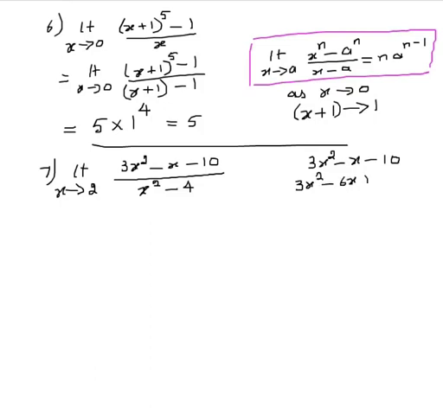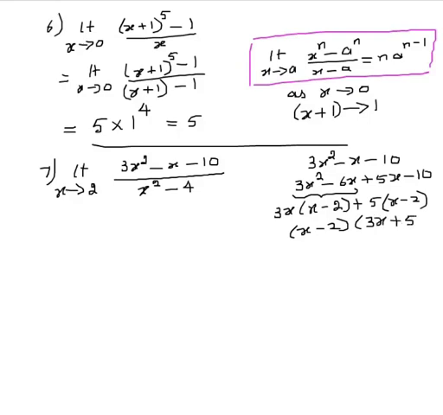So minus 6x plus 5x. Minus 6 into plus 5 is minus 30. And addition gives you minus 1x. From the first two terms, 3x is common. And from the next two terms, 5 is common. Therefore, the factors are x minus 2 and 3x plus 5.